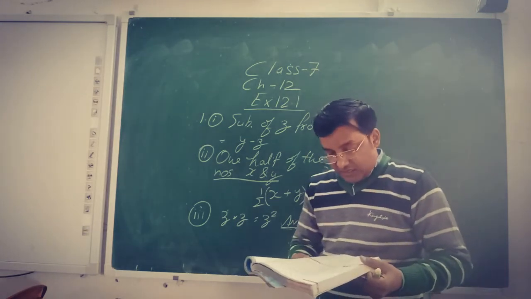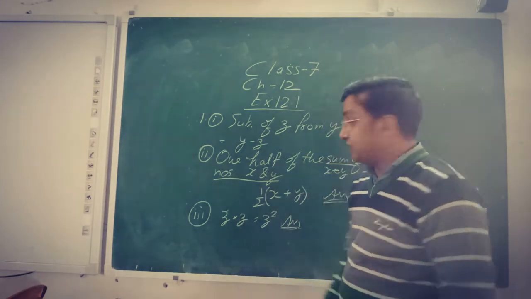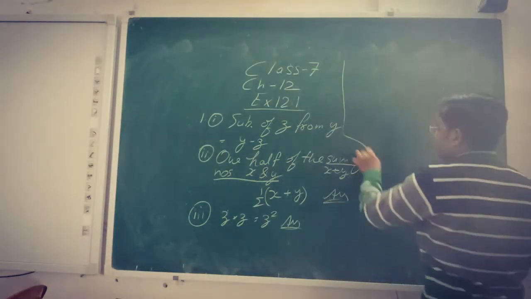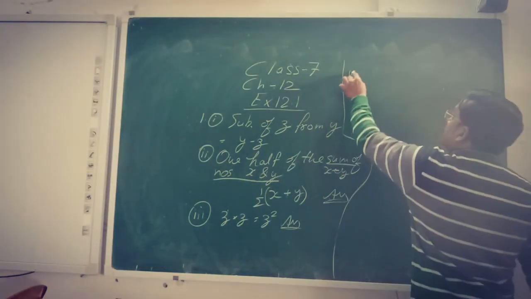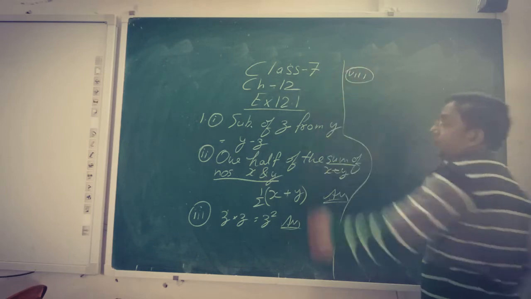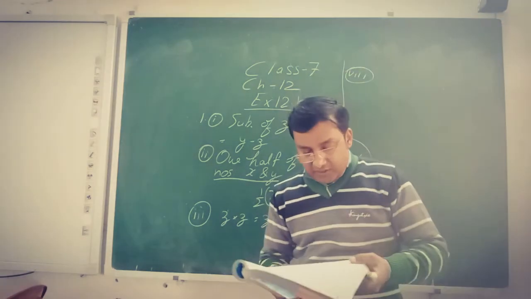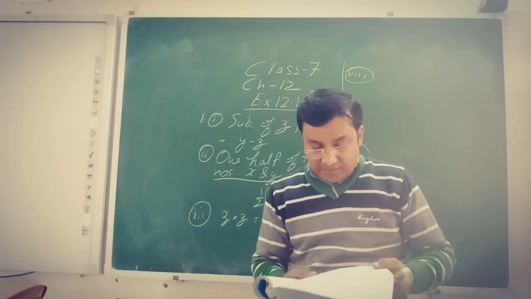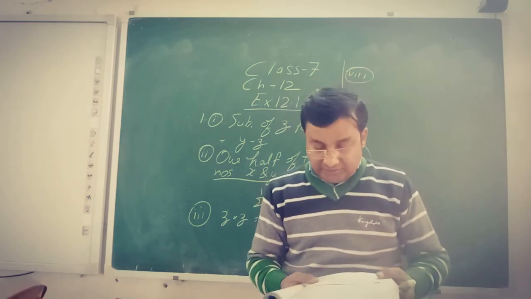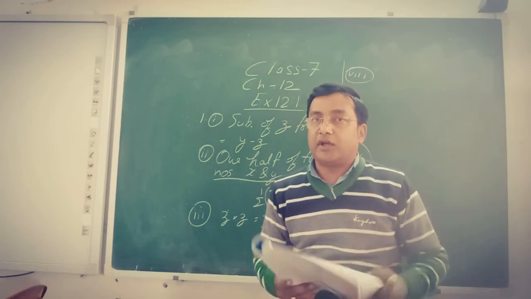Now let's do one more question, the 8th one. I'll do the last one. In the 8th one, it is given: sum of numbers a and b subtracted from their product. Okay.